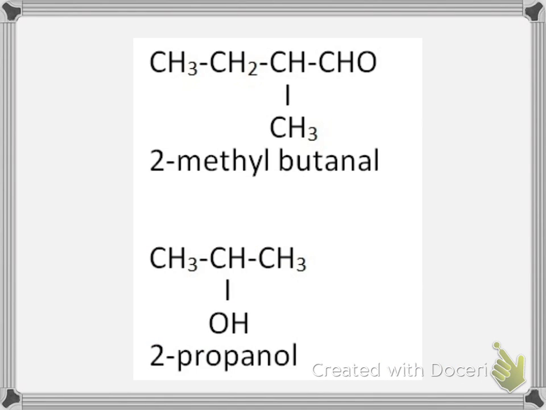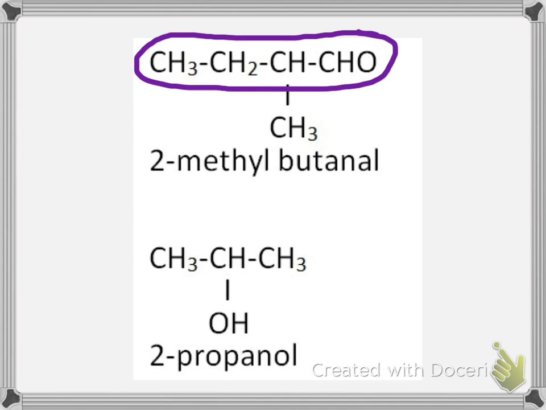Okay, so if we follow the steps into naming the compounds, for the first example, we have our longest continuous chain over here. We're going to start numbering from left to right because the functional group is closest to the right.